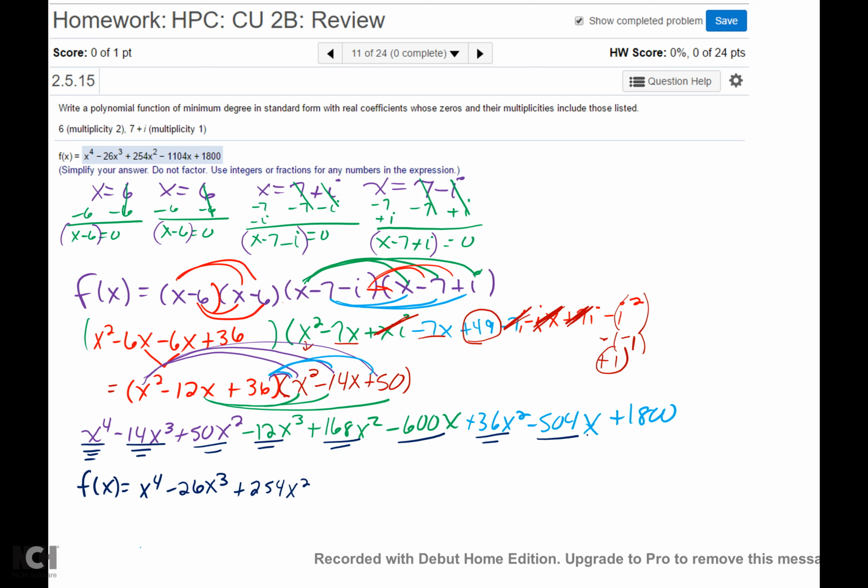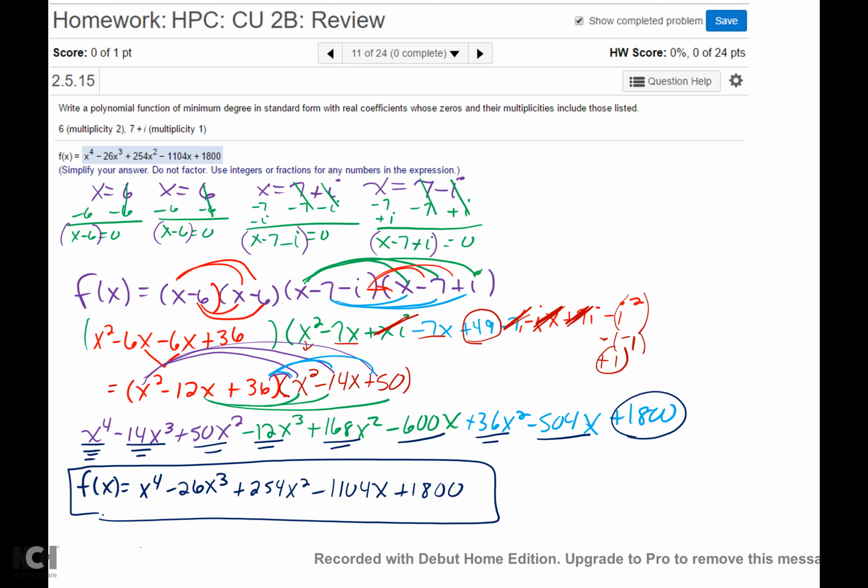Negative 600x and negative 504x is negative 1104x. And my constant positive 1800 drops down. And there is my function. Okay?